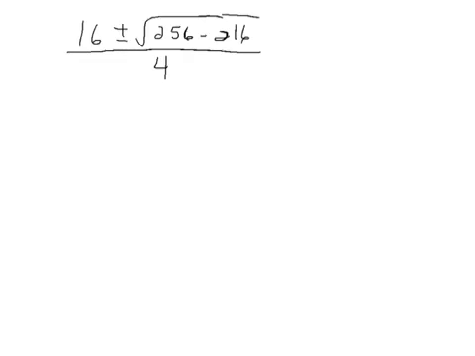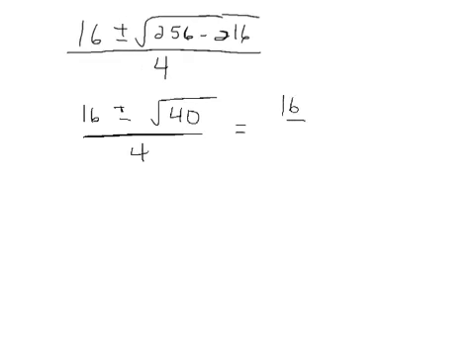256 minus 216. Okay, this is where you need to remember some more basic math skills. That 4 in the denominator goes underneath the 16 and the square root of 40. Okay, so 16 divided by 4 is 4.